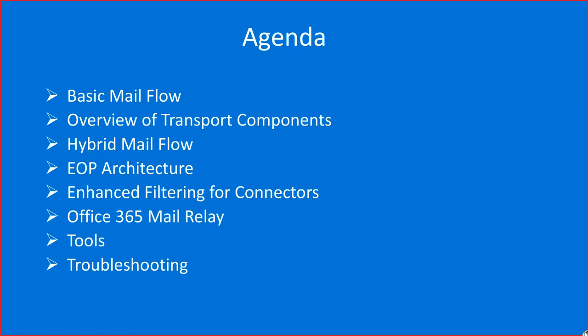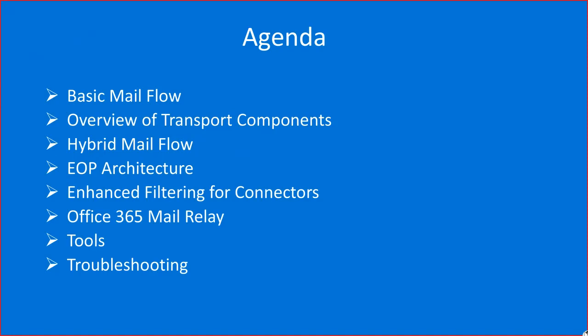We then talk about the transport components that are involved in mail flow, followed by a discussion on hybrid mail flow, which is basically mail flow when you have an on-premise Exchange environment and also an Office 365 tenant. We briefly discuss the architecture of Exchange Online Protection, how it receives and scans messages for anti-spam, anti-malware.